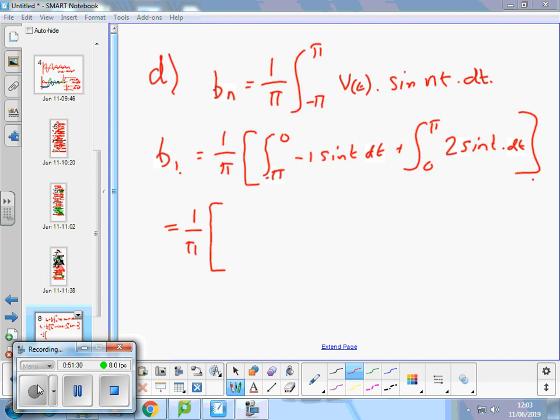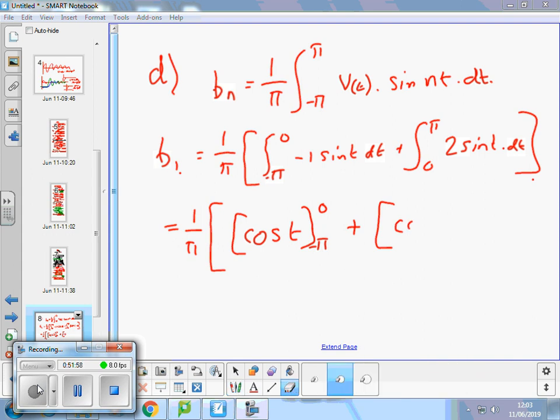So if we integrate minus sine t, we end up with cos t. I'm going to add that to minus 2 cos t.